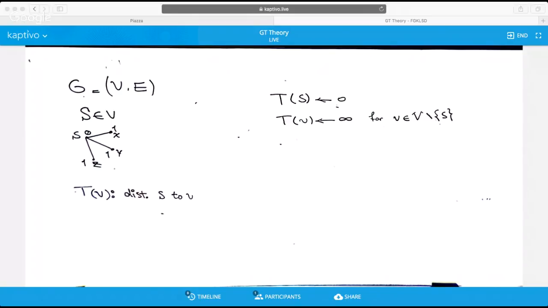And while there exists a vertex for which T is not computed, or we can represent it in another way. Say, while we have not computed the distance to all vertices, and show the vertices for which we are finished by a set, I would name it X here.